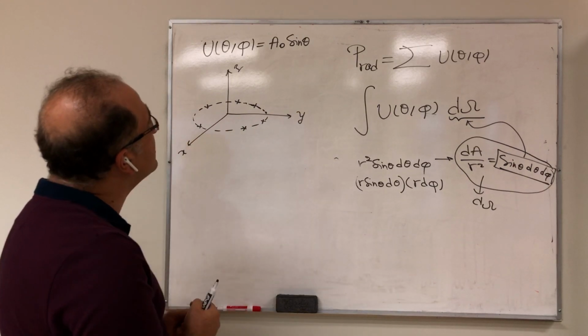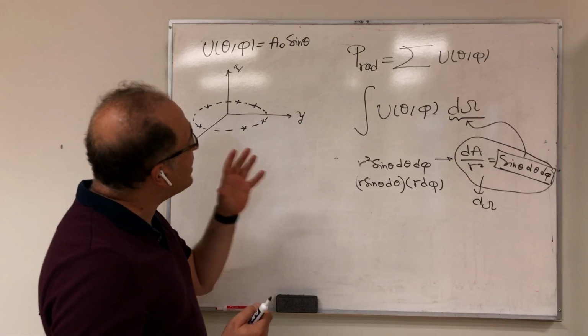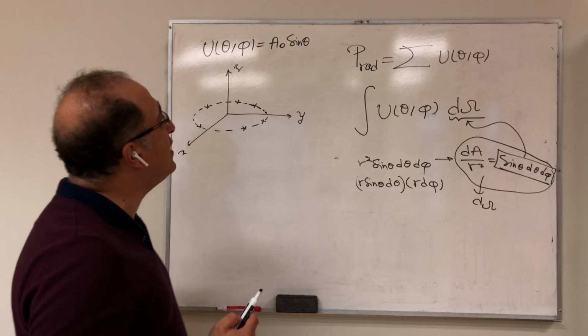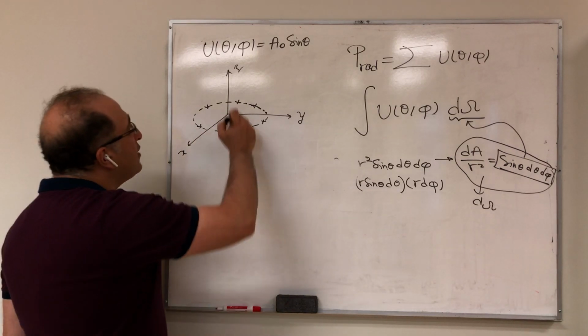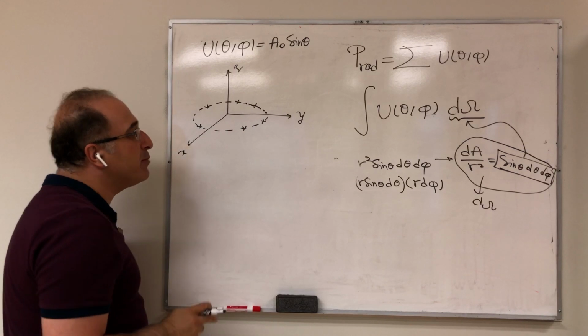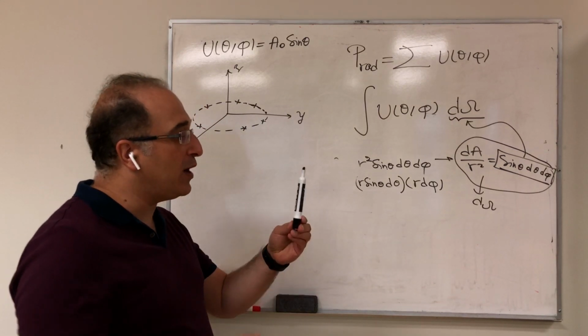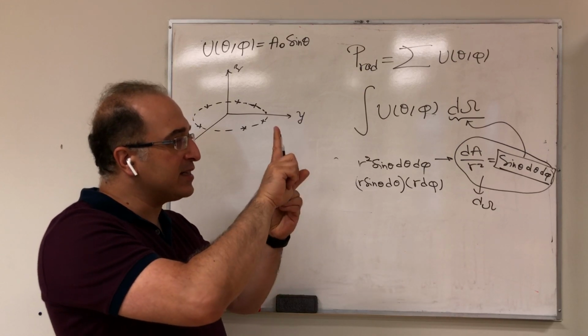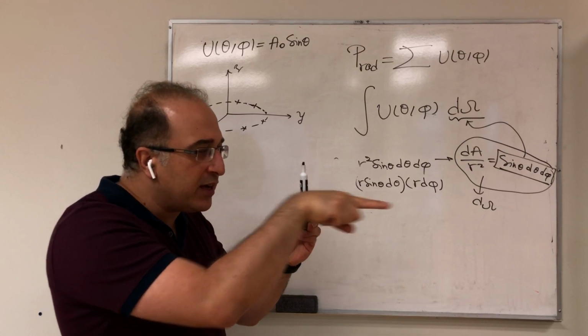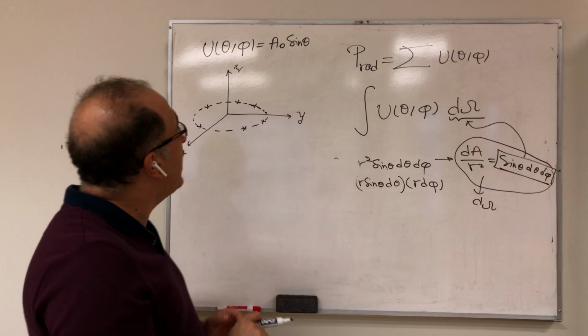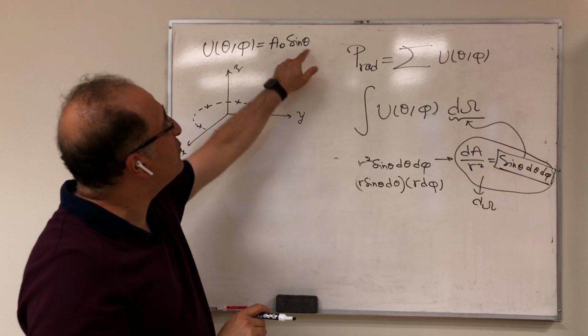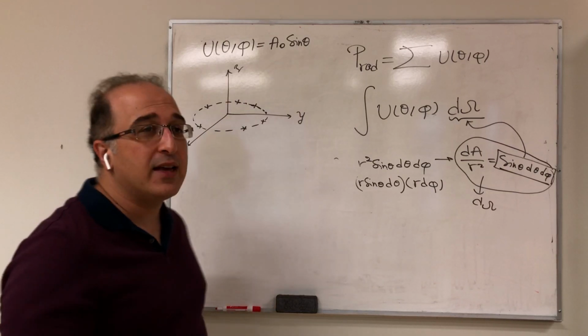The other thing you can see from here is that the maximum radiation happens at theta equal 90. Theta equal 90 means you are in the xy plane. That's also consistent with what we had for the dipole antenna: if this is the z-axis, maximum radiation is perpendicular to that, at theta 90. Also at theta equals 0 and 180, radiation intensity is 0.